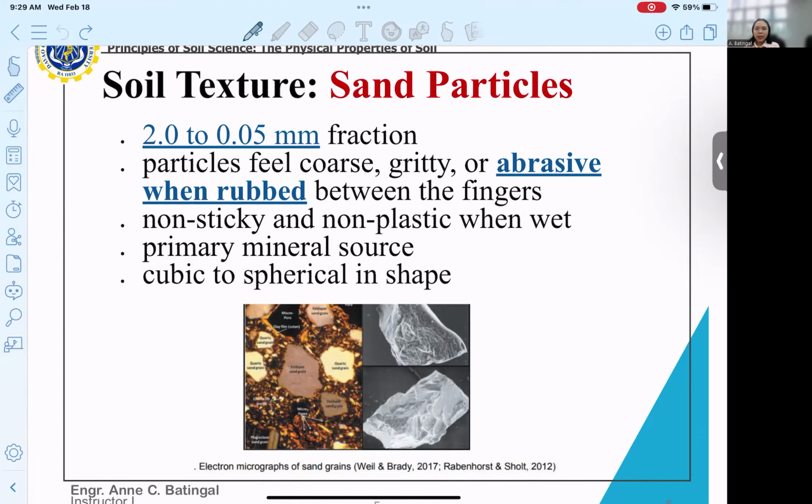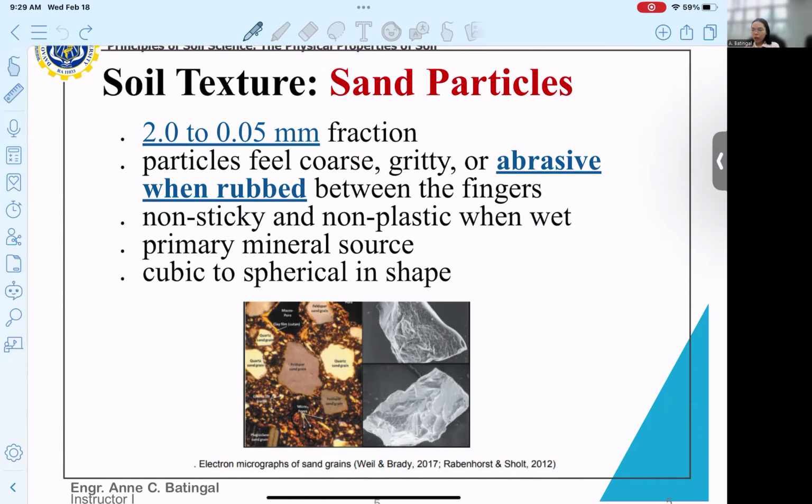Now, sand particles are characterized to be non-sticky and non-plastic when wet, with a source coming from your primary minerals, and its shape is characterized to be cubic to spherical in shape. So muni ang electron micrograph of sand particles, medyo cubic to spherical in shape.